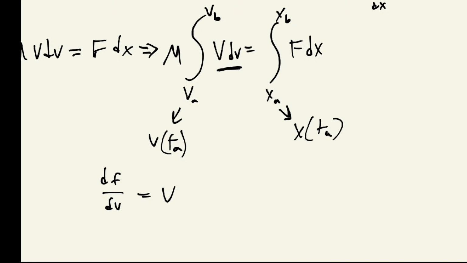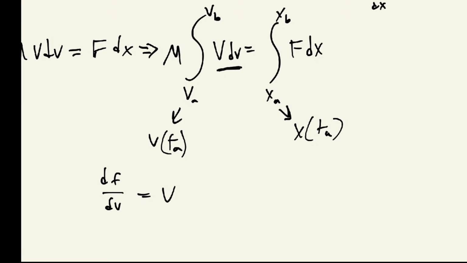This is stumping me. I really don't know. Because I'm always used to it being over dt. Is dv supposed to be like... Yeah, I don't know. This is very weird.